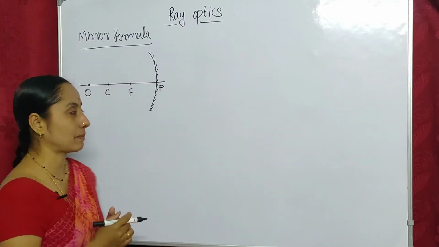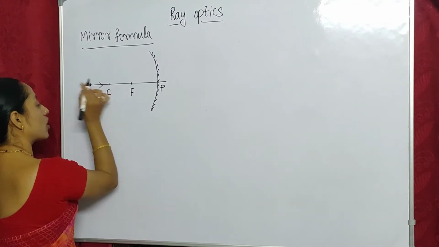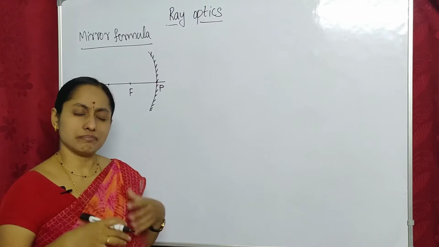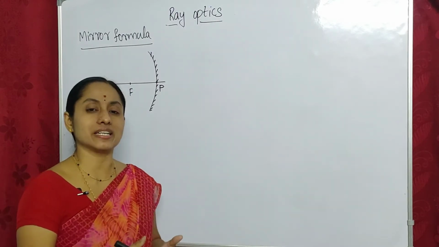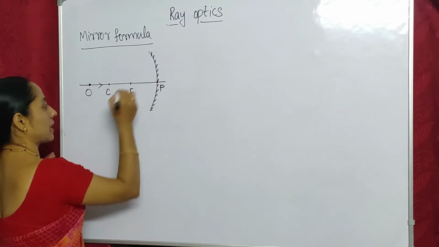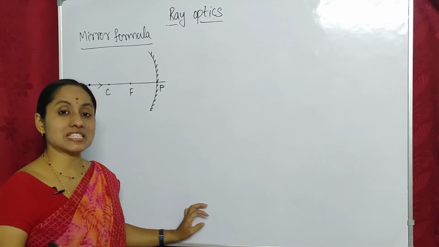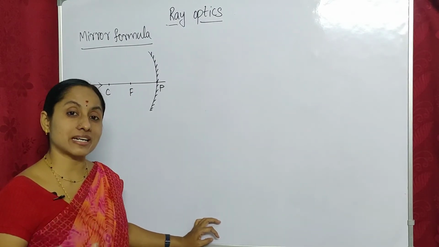For convenience, to make our derivation much easier, I am going to consider 1 incident ray along the principal axis. Now, if the incident ray is along the principal axis, how would the reflected ray travel?